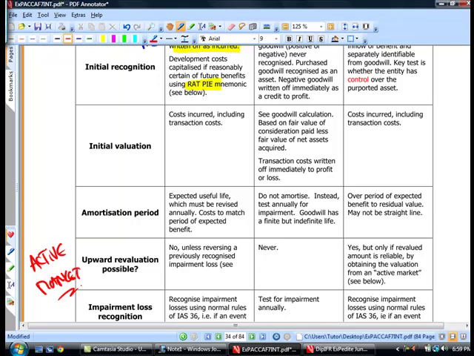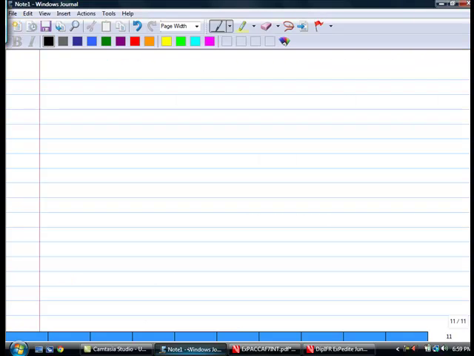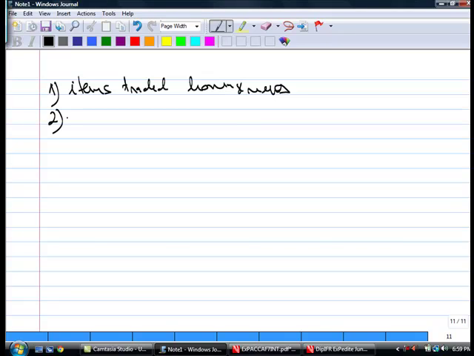Per the definition of IAS 38, an active market means that the items traded should be homogeneous. That's the first criterion. The second one, we have to have willing buyers and sellers. And the third one is that the prices should be available to the public.